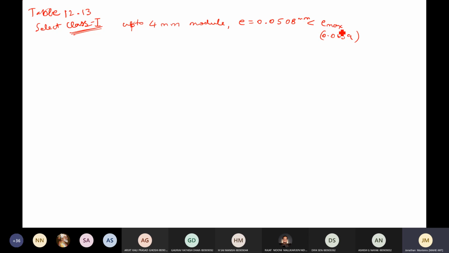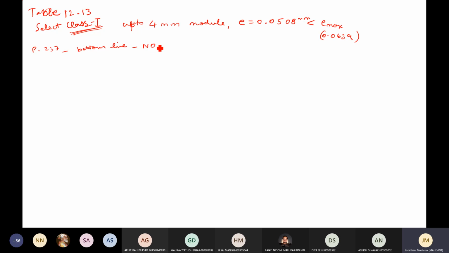Now what to do in such a case? It is less than that. You see at the bottom of page 237, bottom line, what is the statement written there?